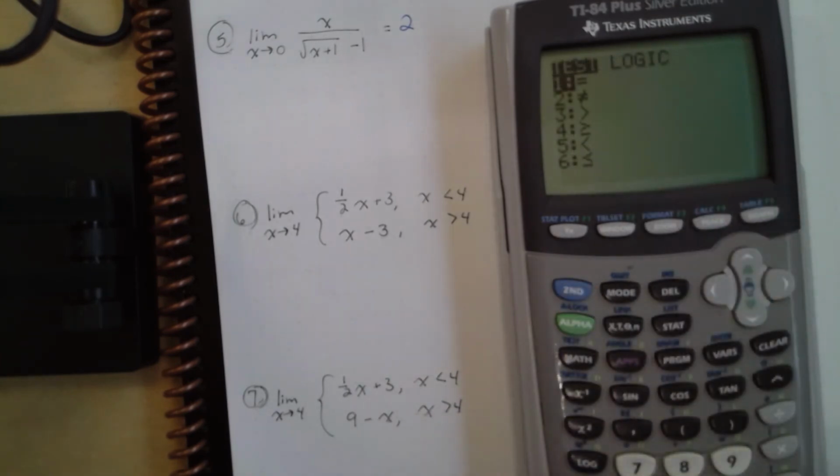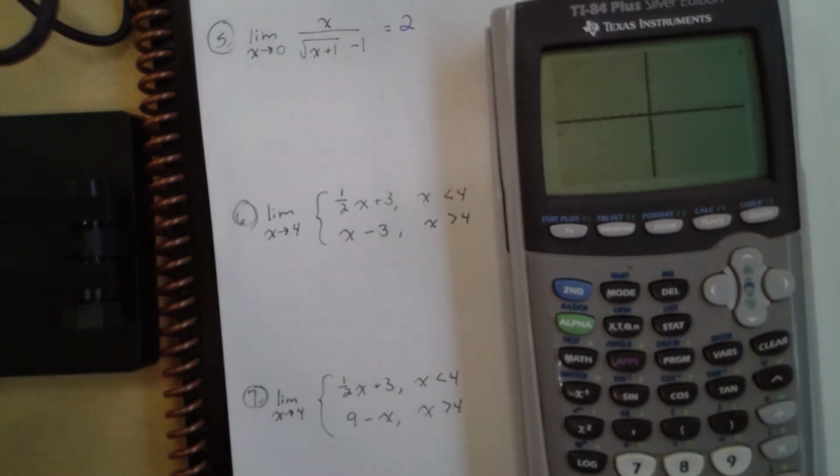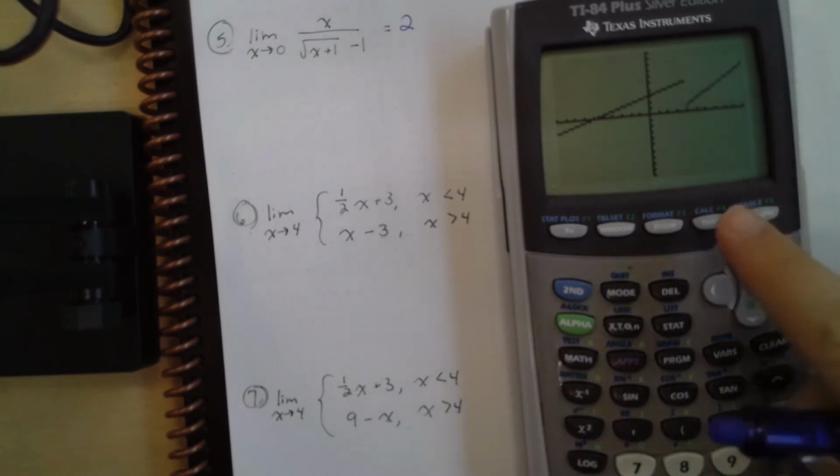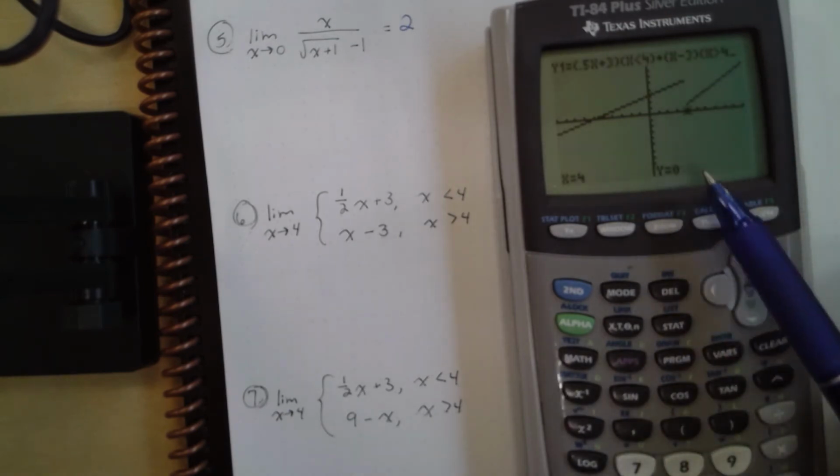We can graph this, and we have 2 lines that really are broken up here. If we trace 4, it says that we have 0. But that's not actually correct.